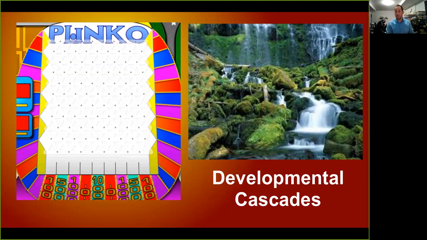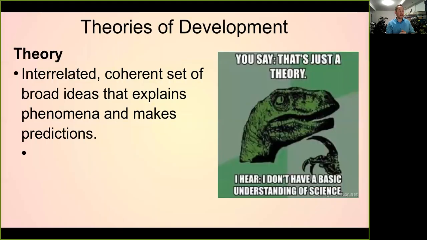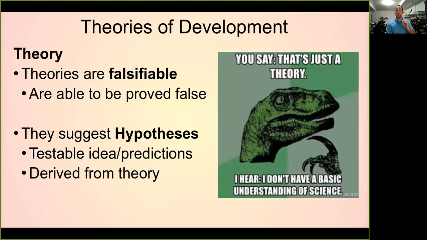And one thing I want to bring up first is you might not have the right idea about a theory. So a theory is actually an interrelated, coherent set of broad ideas that explain some phenomenon and make some suggestions. So theories are falsifiable. They're able to be proved false. A theory can create hypotheses.